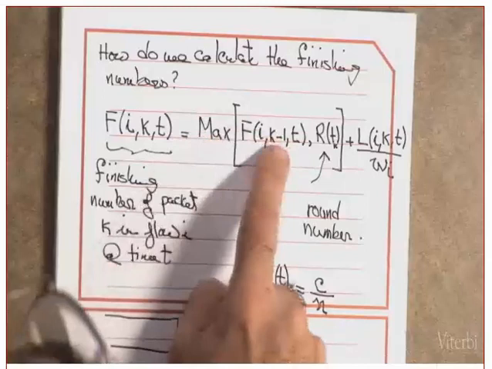Another packet came of length 2 at 4. 4 means 4 seconds. At t equal to 4, another packet came of size 2. Clear?